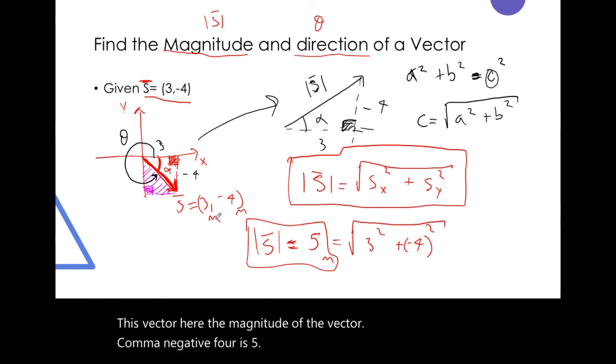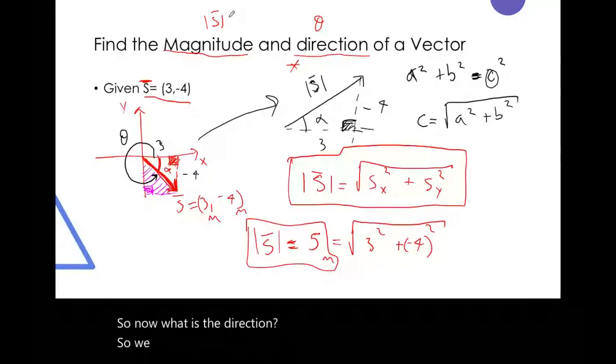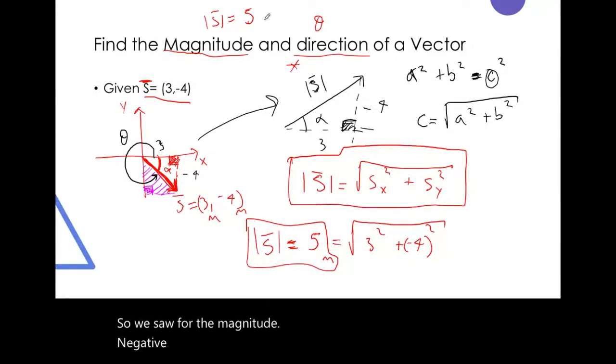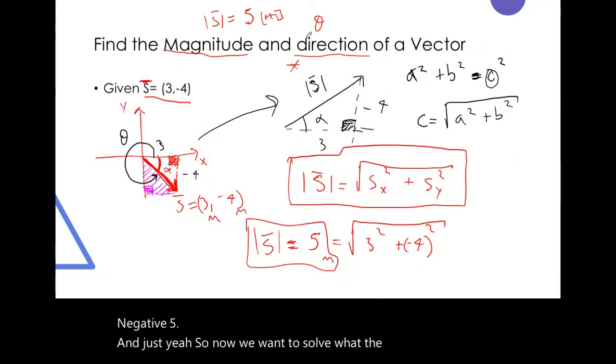Not bad, right? So now, what is the direction? We solved for the magnitude. Magnitude is 5. And now we want to solve for the direction.